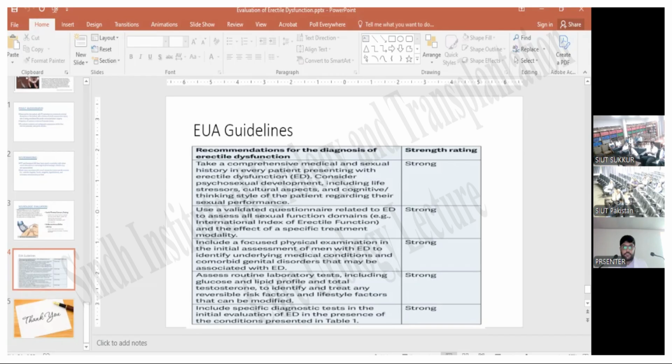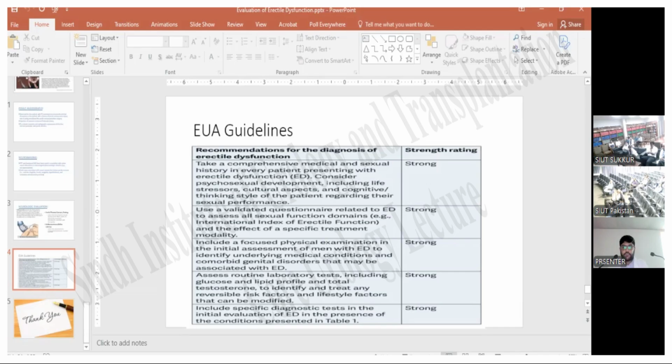Include a focused physical examination in the initial assessment of men with erectile dysfunction to identify underlying medical conditions and comorbid genital disorders that may be associated with erectile dysfunction. Assess routine laboratory tests including glucose, lipid profile and total testosterone to identify and treat any reversible risk factors and lifestyle factors that can be modified.